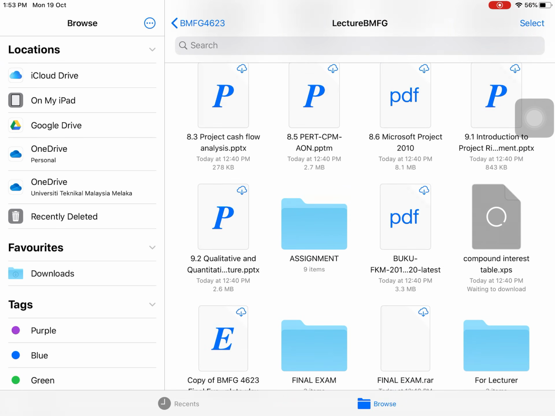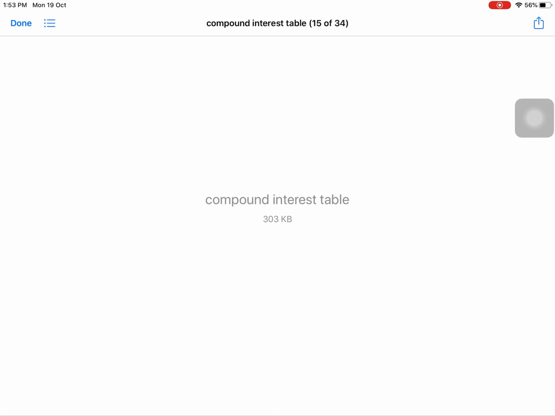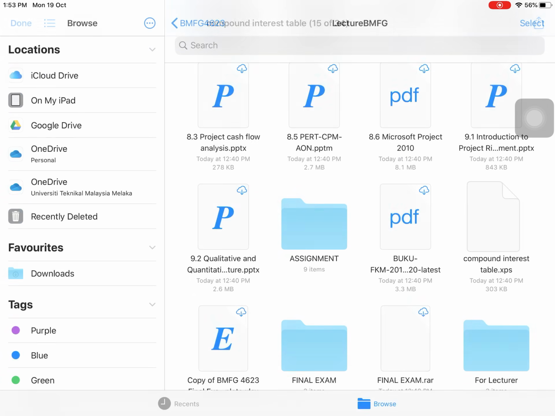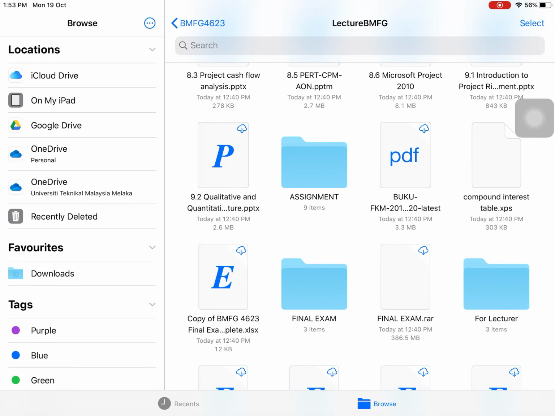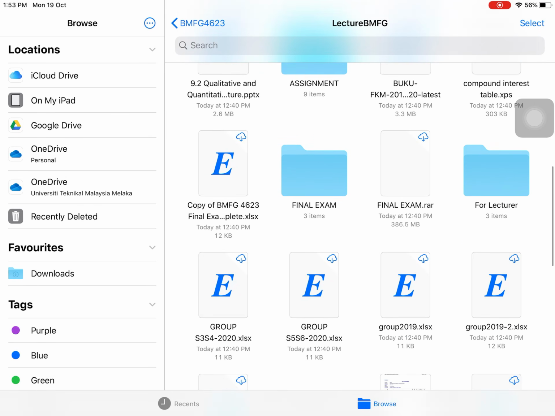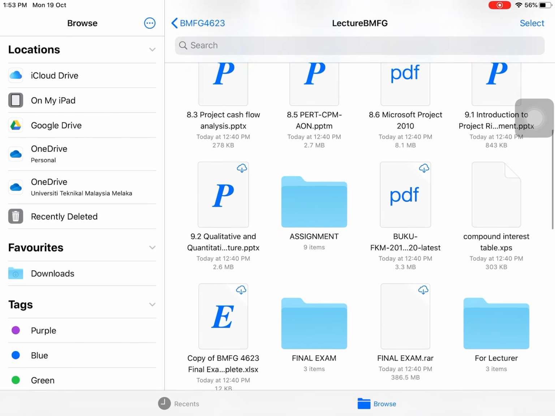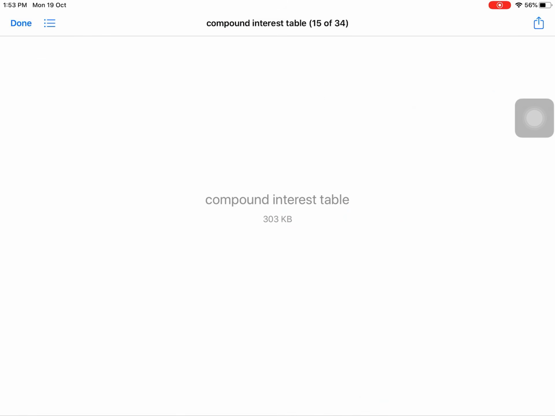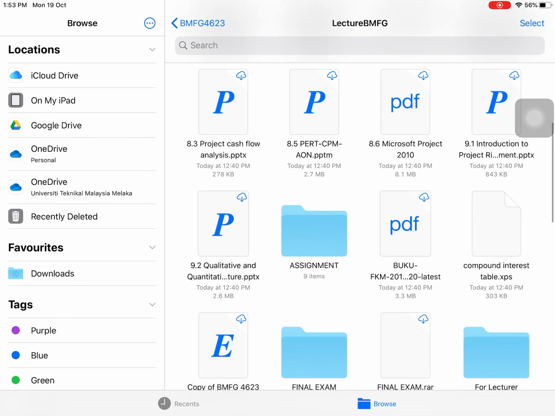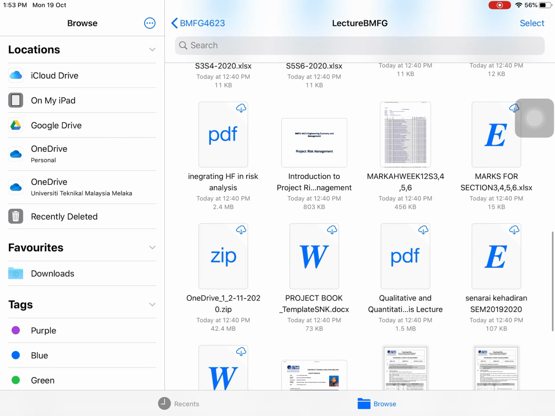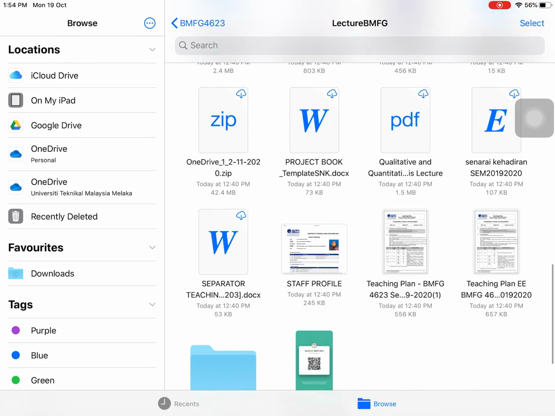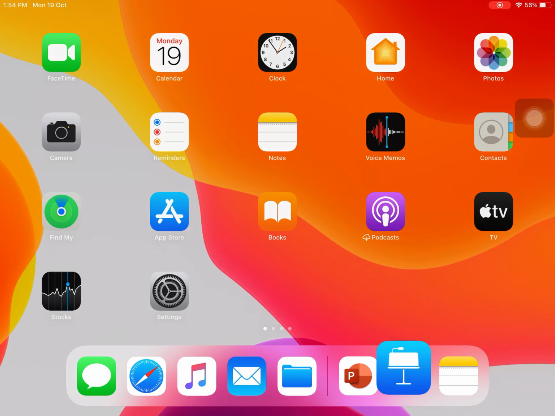It's over here, compound interest table. It's not here. I don't know what the problem is, but I should give you another tutorial about how to use the compound interest table. Right, never mind. We go back.